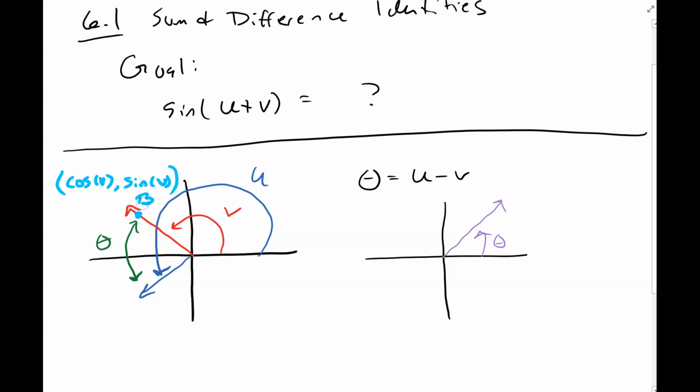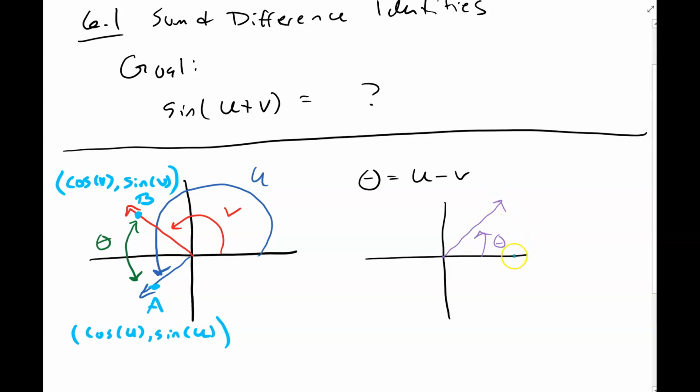For the sake of argument, I'm going to call that point B. If I call this point A, what would the coordinate be for A? It would be cosine of u, comma, sine of u. Can everybody see that? Those are points on the unit circle. That's how we evaluate an angle: the sine and cosine are the coordinates on the unit circle.